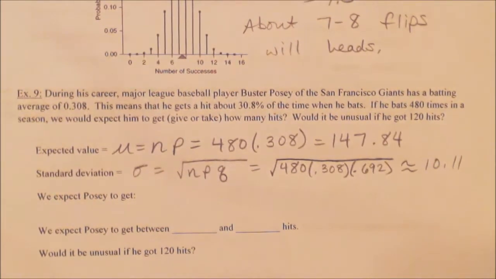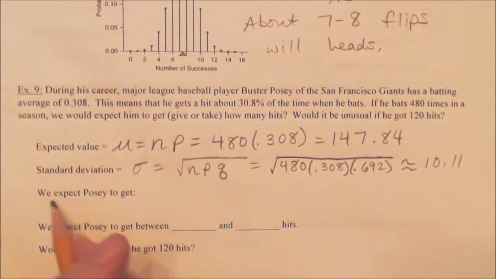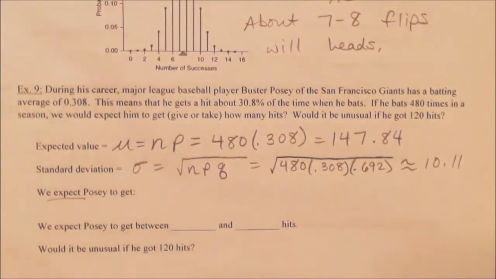Now, what do we expect? Remember, back in chapter 3, we said that if we have a symmetric distribution, what's usual or expected is within 2 standard deviations. So what we expect him to get in a season should be within 2 standard deviations of the mean.